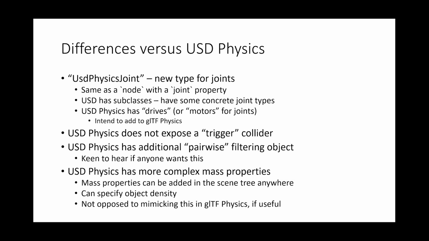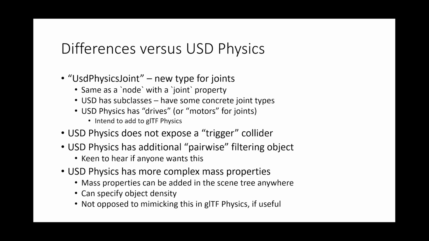So USD physics has a particular joint, and it's equivalent to the glTF node that has a joint property. But USD has subclasses for some concrete types. So while the glTF physics spec has a very generic description of the constraints, USD also has specific ones for a ball and socket and a hinge or a prismatic constraint.